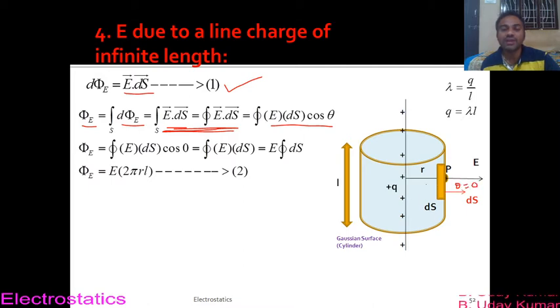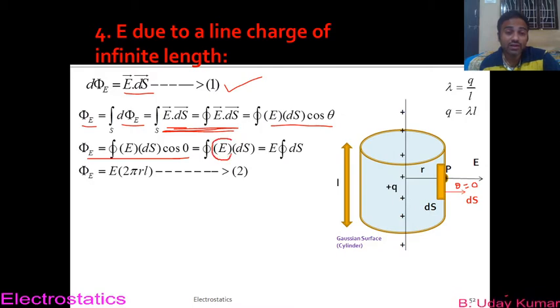So substituting theta equal to 0, phi is equal to integral E ds cos 0. But you know that cos 0 is 1, and hence I only get integral E ds. Now you can take E outside the integration because it is constant.